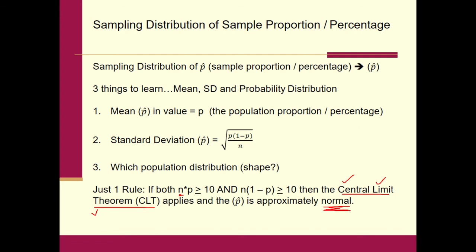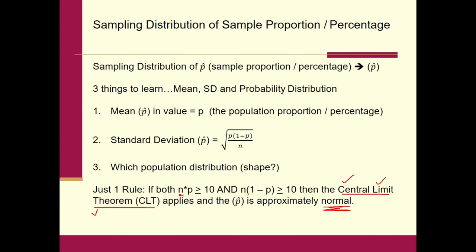Then all of a sudden this beautiful looking bell-shaped curve occurred for the probability distribution. And the reason why that happened was the central limit theorem. We couldn't do a lot in statistics without the central limit theorem. And so this is an important thing in statistics.